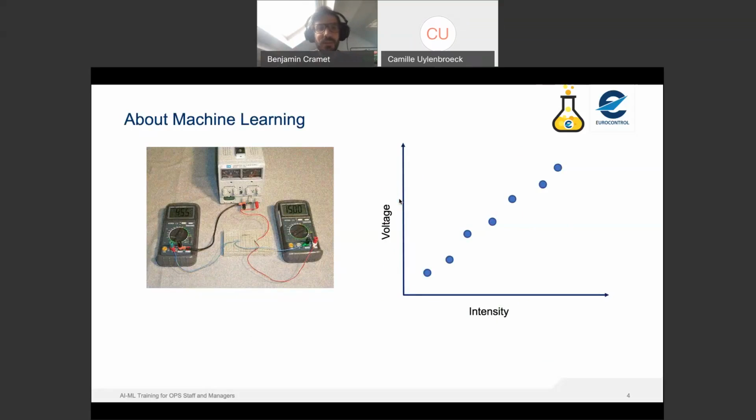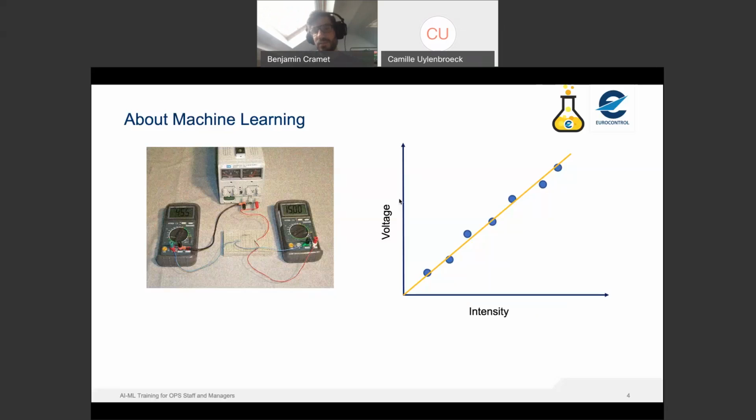So if you remember, whenever you had a generator and you wanted to check the voltage and the intensity from that generator, at school you must have constructed these graphs. And what the AI model does is, when you measure the voltage and the intensity, you plot on a graph, and then you draw the line and you say, okay, if you have a voltage like this, you will have an intensity like that.